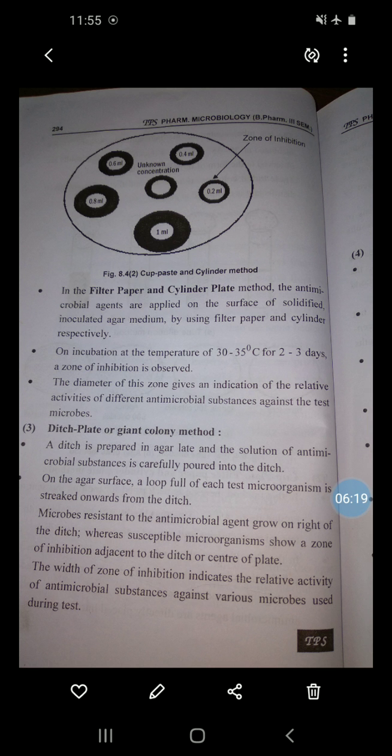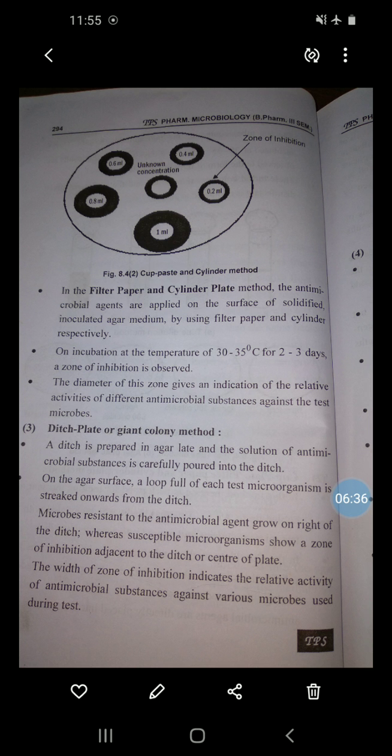Microbes resistant to the antimicrobial agent grow right up to the ditch, whereas susceptible microorganisms show a zone of inhibition adjacent to the ditch.